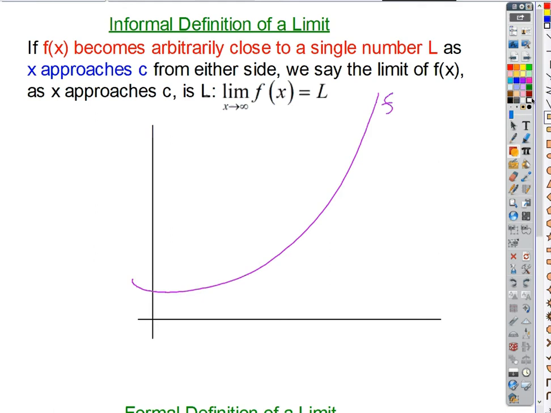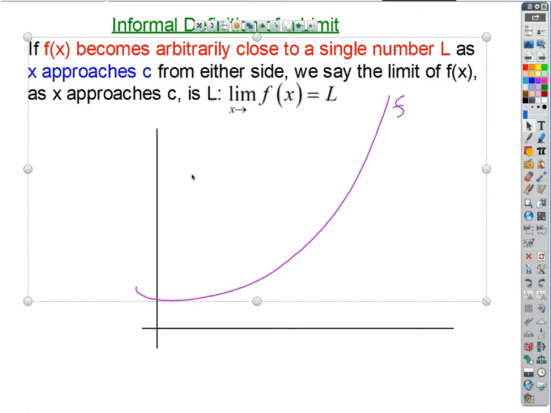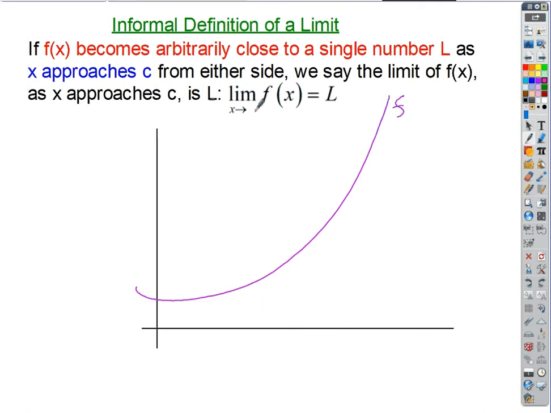Okay, so let me change this just a little bit. Let's do that. Okay, that's better. So we'd say the limit of f of x as x approaches c equals L, right?